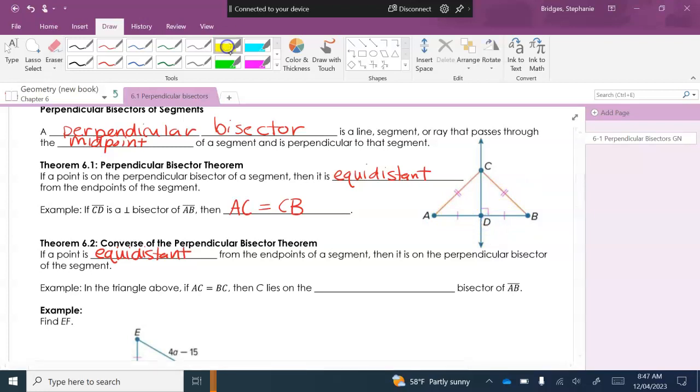It's telling me if AC is congruent to CB, or if the length of AC is equal to BC, then C lies on the perpendicular bisector of segment AB. And so therefore I would know that that line forms a right angle and makes congruent segments there. So I could give you the same thing but backwards.